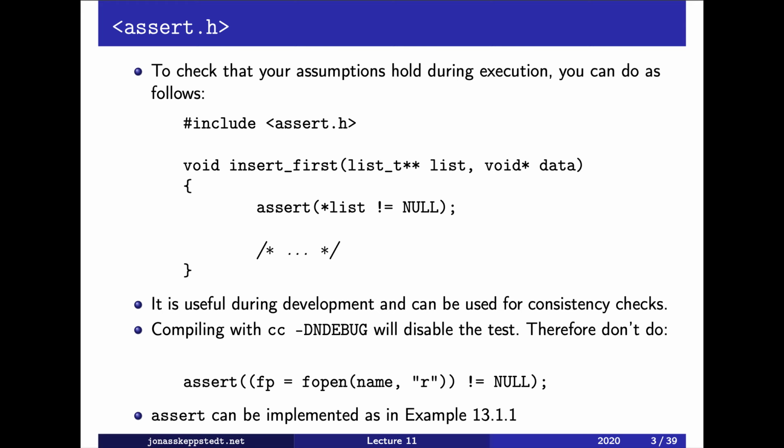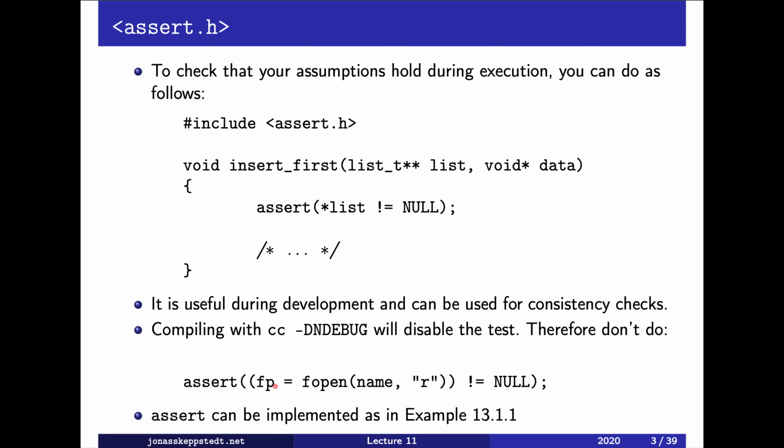If we want to disable this check, we can define this macro when we compile the source code. And then the effect of this is just nothing, and that means we should not do anything important as the argument to assert. For instance, this is a really bad idea, since if we disable this, the file will not be opened.